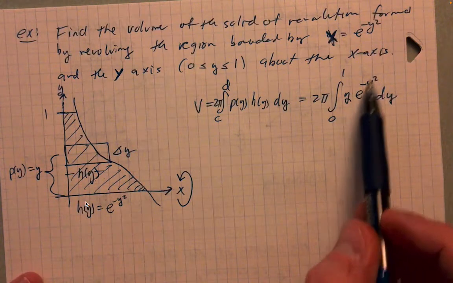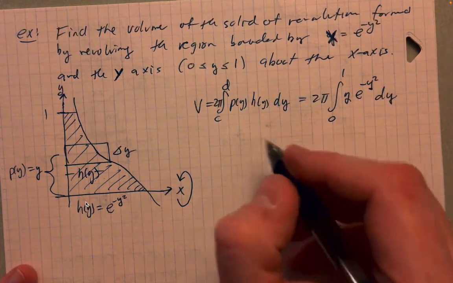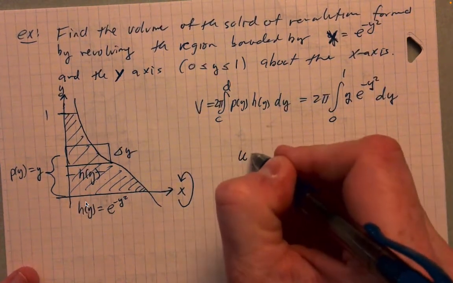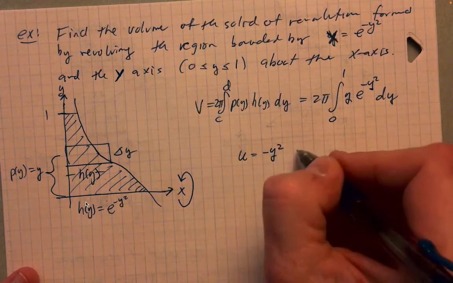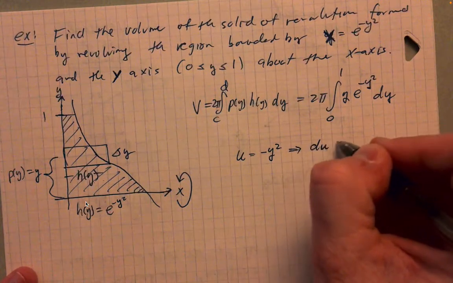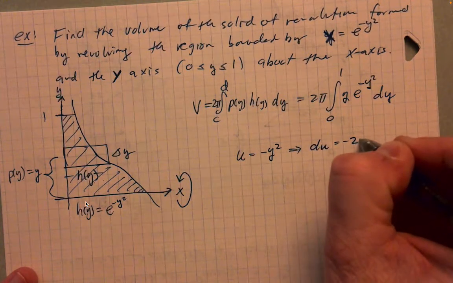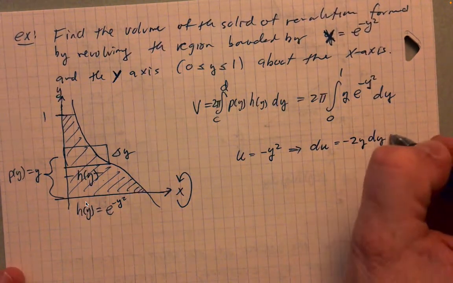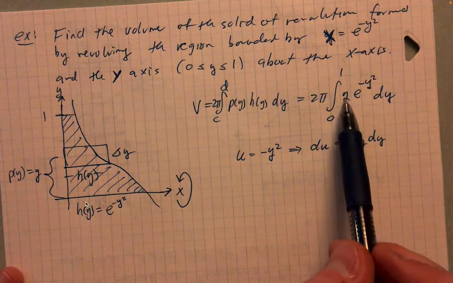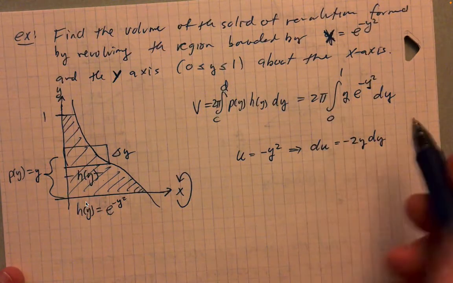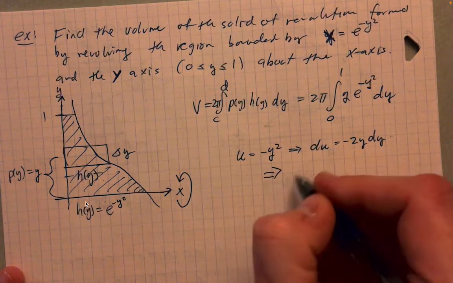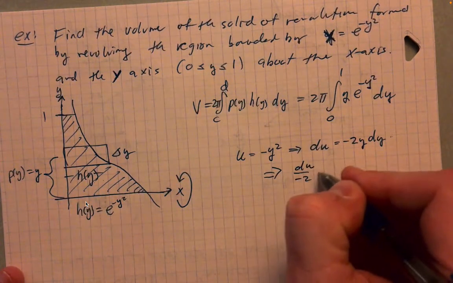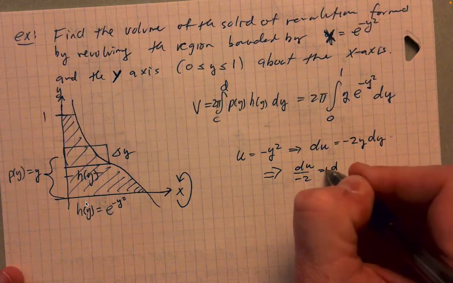What we're going to do is use a u substitution. Just off to the side, say u is equal to negative y squared. That means du is equal to negative 2y dy. We have the y here, but we will have to move the negative 2 over. So du over negative 2 will be equal to y dy.